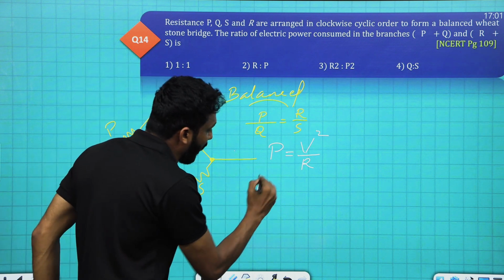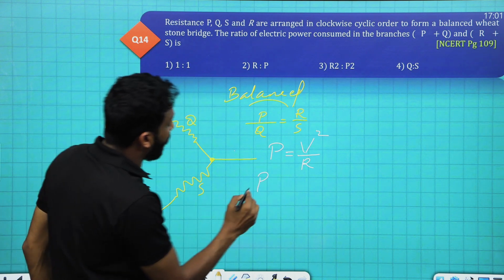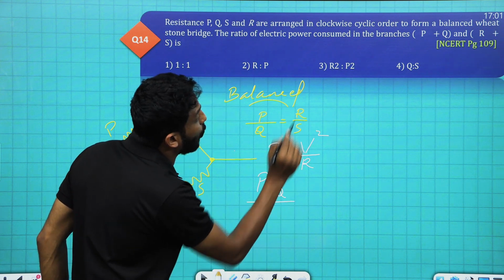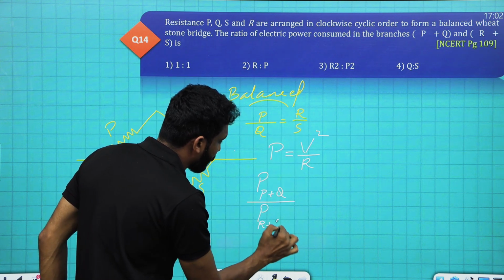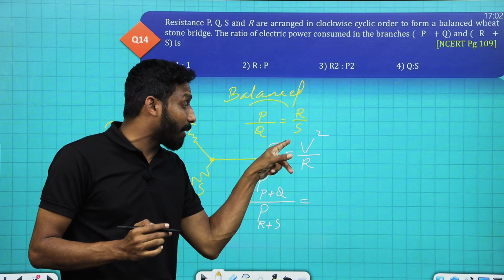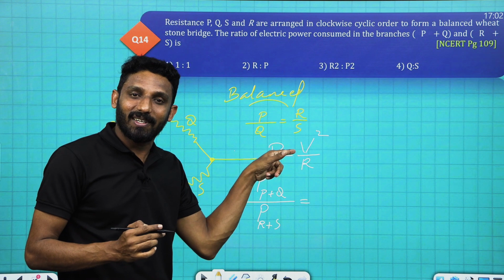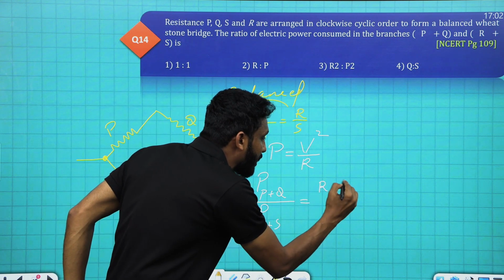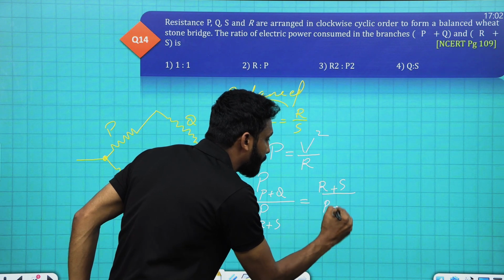Then the power across P plus Q divided by the power across R plus S: since the potential difference is the same, power is inversely proportional to resistance. Then this ratio will be R plus S divided by P plus Q.